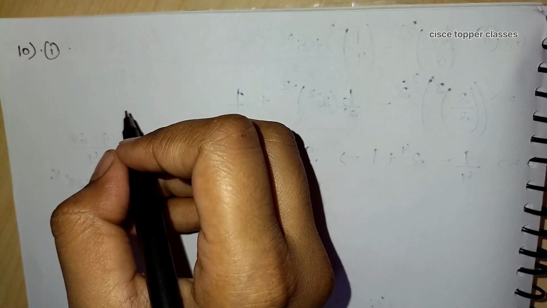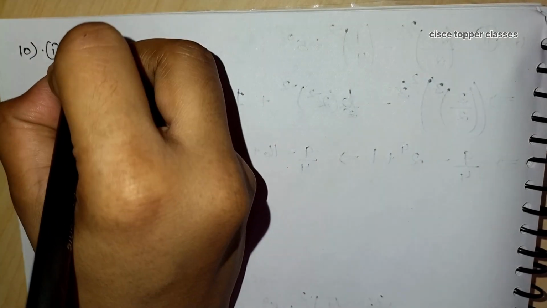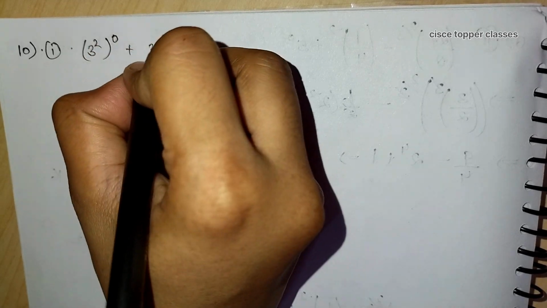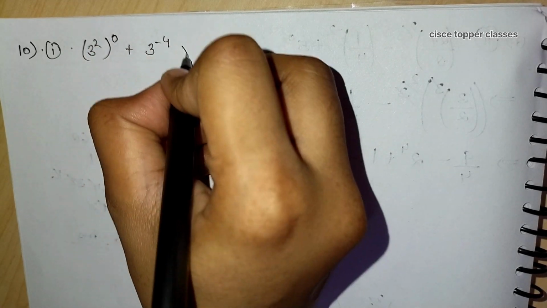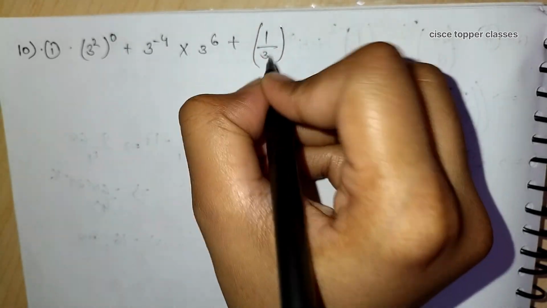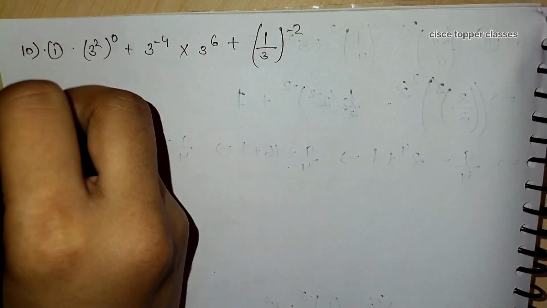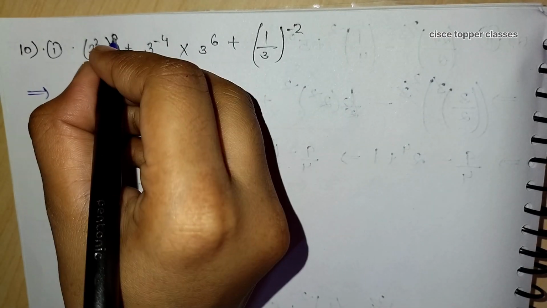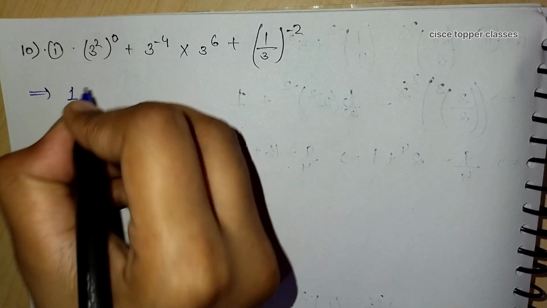Now let us solve the 10th first part, which is (3²) whole power 0 plus 3 to the power minus 4 into 3 to the power 6 plus (1 by 3) whole power minus 2. We can simply write as here its whole value will be 1 because 9 to the power 0 is equal to 1 only.